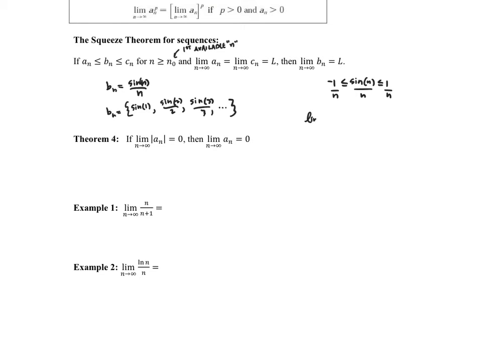Since the limit as n approaches infinity of negative 1 over n is equal to 0, and the limit as n approaches infinity of 1 over n is also equal to 0, then by the squeeze theorem, the limit as n approaches infinity of sine of n over n will also equal 0. So that's the squeeze theorem.